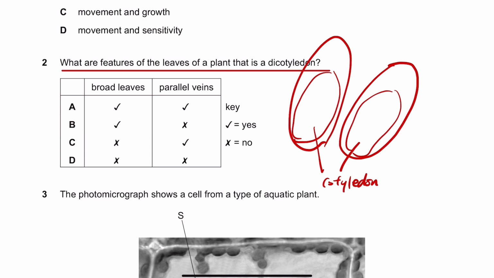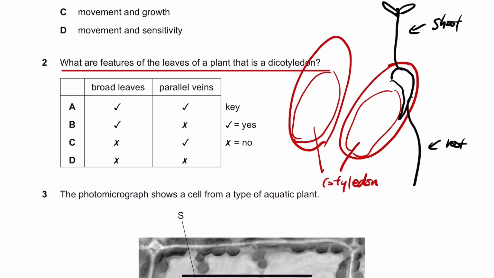It provides food for the embryo inside the seed, and the embryo later develops into a plant. This part is called the shoot, and this part is of course the root or roots. And this part is called the embryo, which consists of plumule and radicle, but we'll talk about that later, in the plant nutrition or plant transport part.